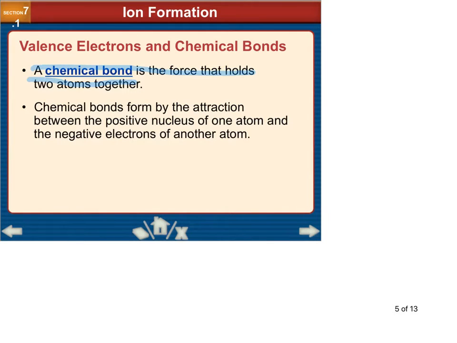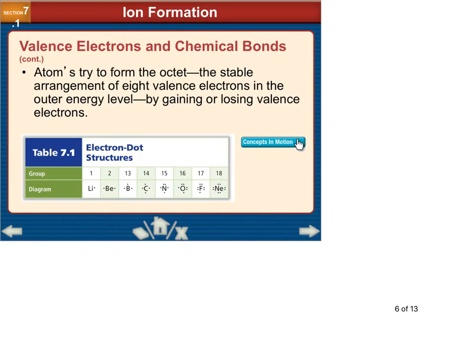So, chemical bonds: attraction between the nucleus of one atom and the negative electrons of another atom. So we'll always try to get what we call the stable octet by gaining or losing valence electrons.